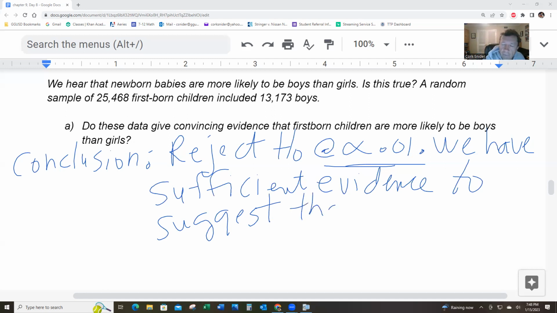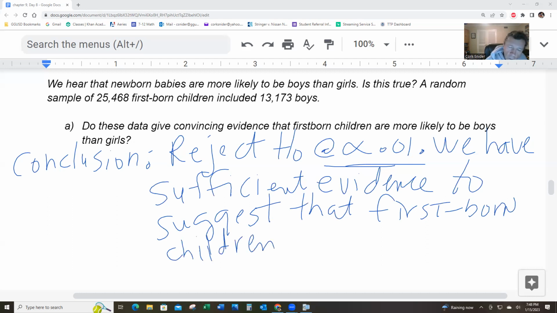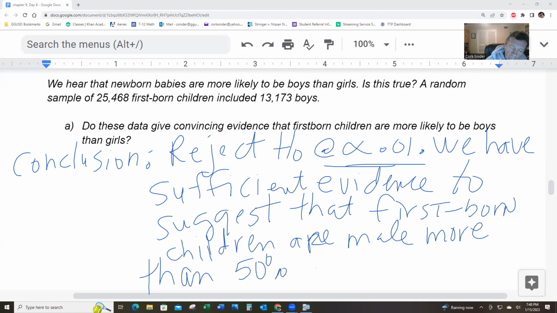Suggest that this is about firstborn kids, that firstborn children are male more than 50% of the time. Now, not much more, but it is a little bit more of the time. Okay? So that's your conclusion.